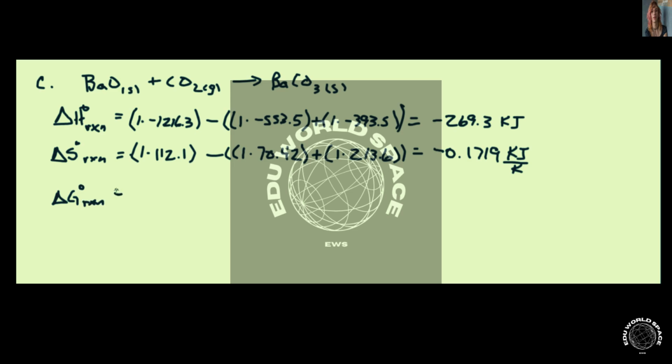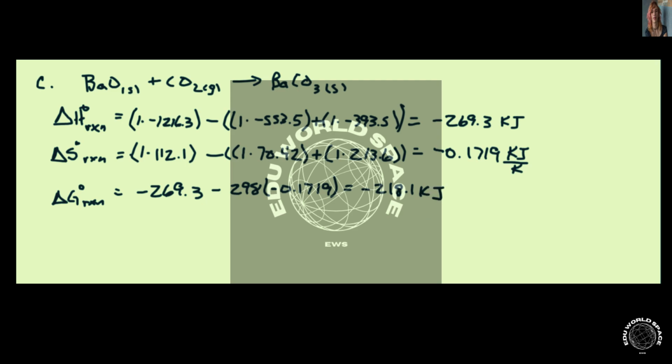the Gibbs free energy because we just calculated those 2 values. And if we plug those numbers in, the delta G of reaction is negative 218.1 kilojoules.